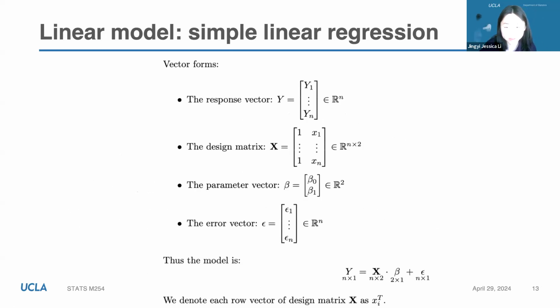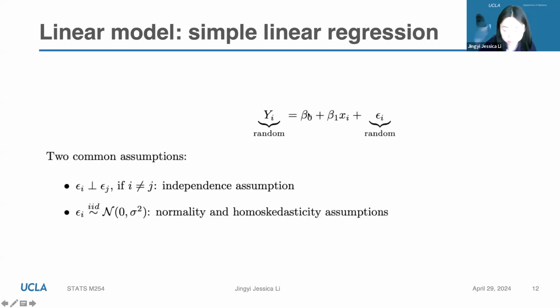Okay, and this is the vector form I remember we also introduced last time. Stacking things together, y1 to yn, the n observations become an n by 1 vector, and we put the predictor values also in a column, but we also add a column of ones to represent the intercept we allow, the beta 0.